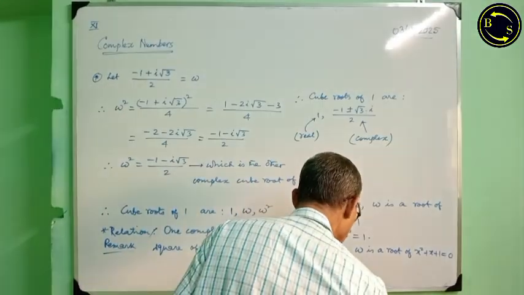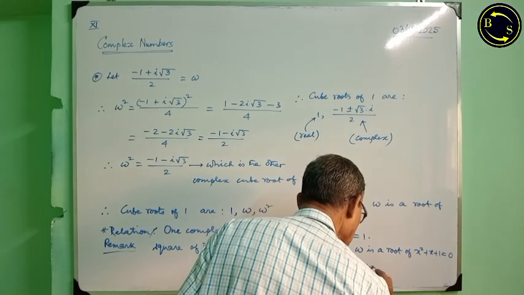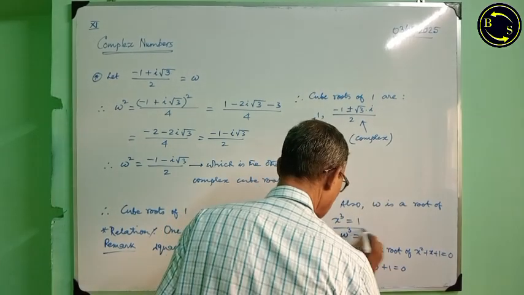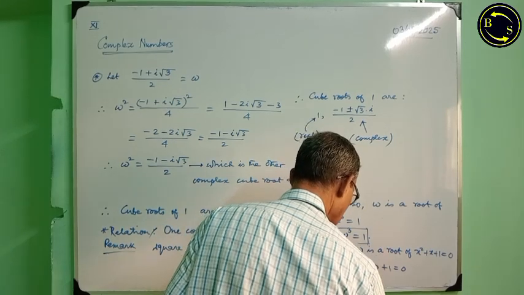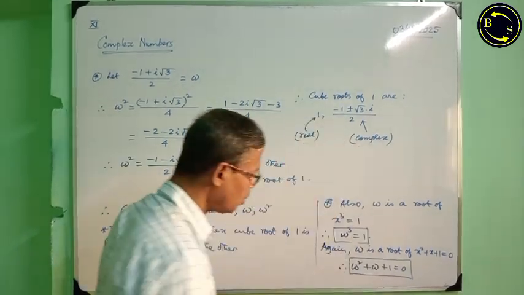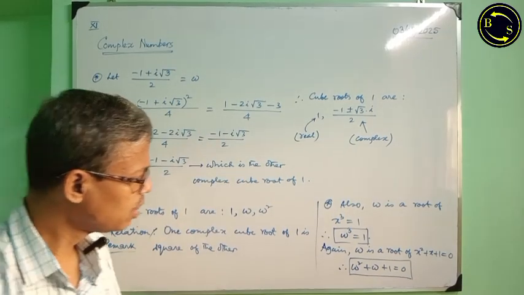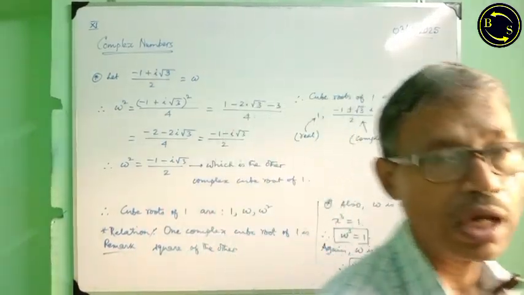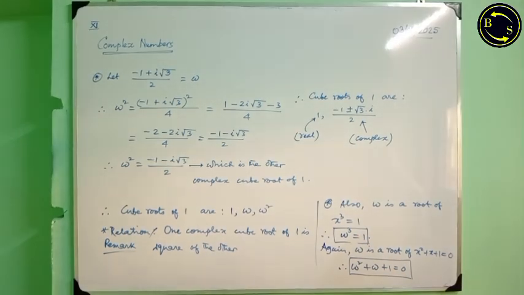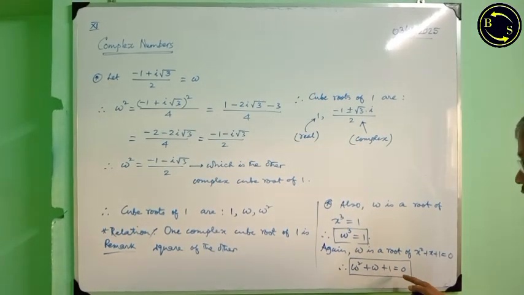Therefore, omega square plus omega plus 1 equal to 0. Therefore, we got two more relations related to omega. First one, omega cube equal to 1. The second one is omega square plus omega plus 1 is equal to 0.